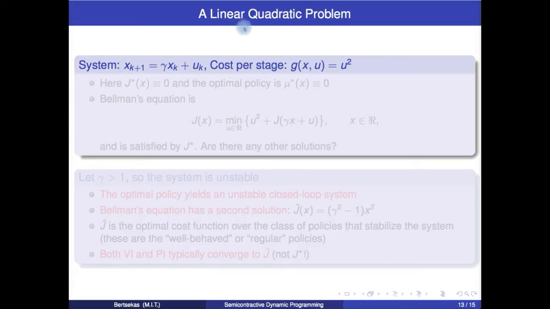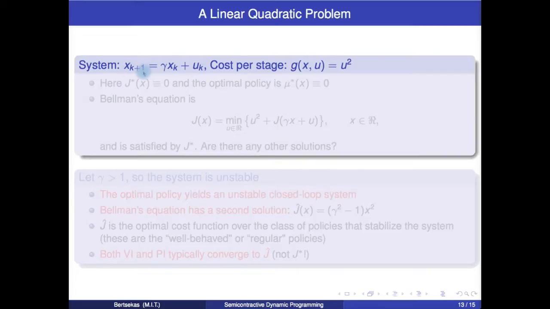Our next example is a linear quadratic problem involving a linear system and a quadratic cost function per stage. The state xk takes values in the real line. So the state space is the real line. The control space is also the real line. There are no constraints on control.